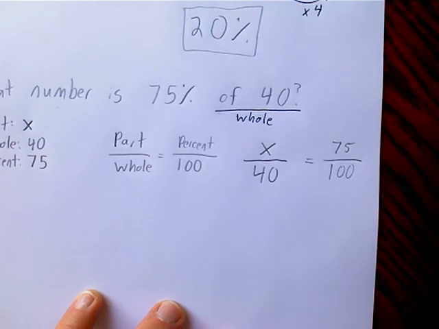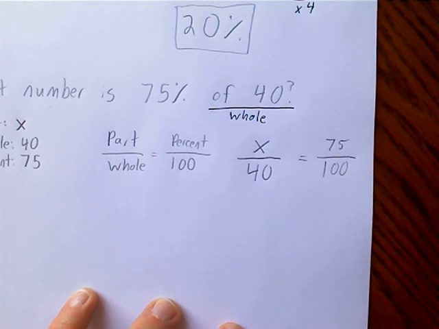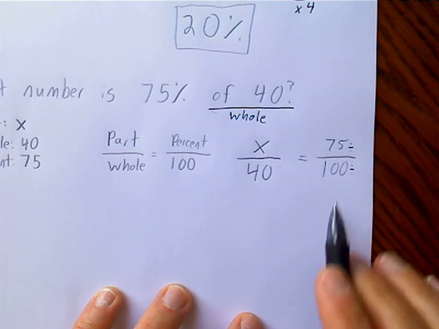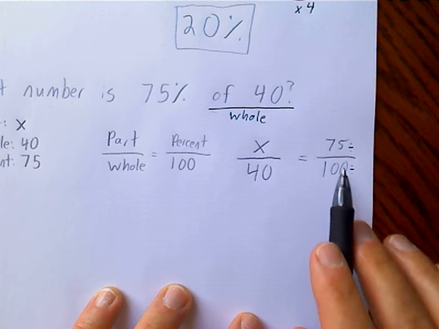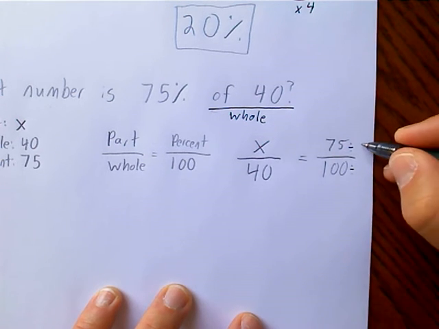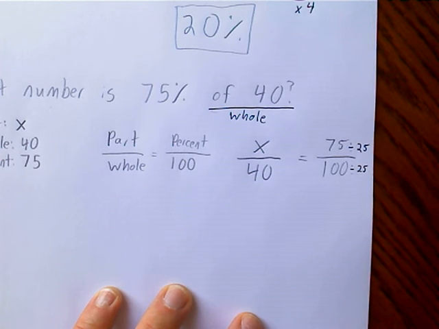What do I mean? Well, is there a number I can divide 75 and 100 by? Yes, there is. Thinking about quarters, 25, 50, 75, 100. So I can divide each of these by 25.